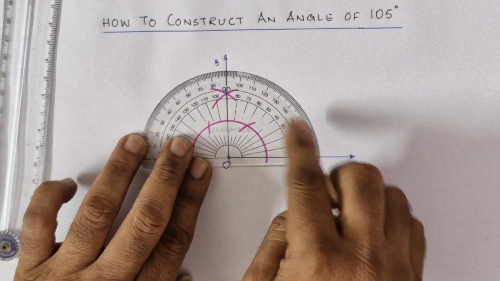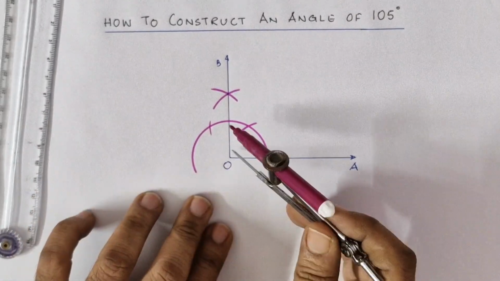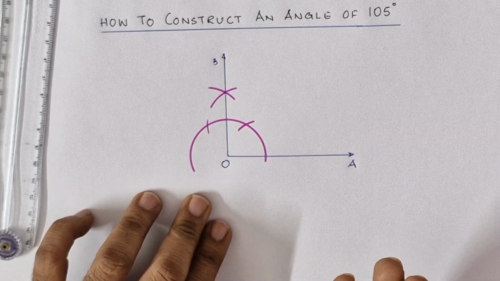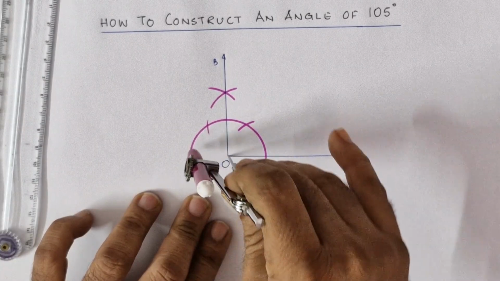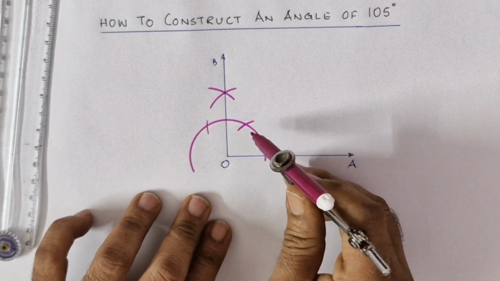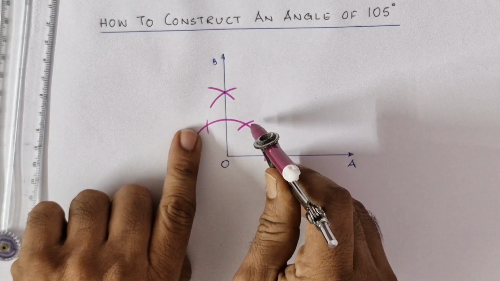Got it? Now, students, you must have watched my previous videos. You have seen how to construct an angle of 60 degree and 120 degree, right? This is the first arc that we have drawn, and this is the second small arc and the third small arc, right?